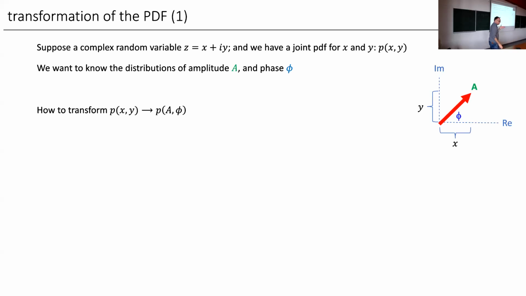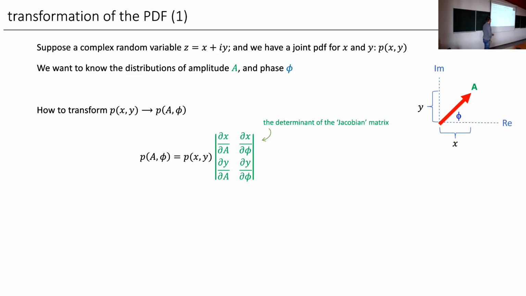Have you ever encountered how you have to do such a transformation? You have a probability density in one set of coordinates, and you want to transform that into another set of coordinates. Do you know how to do that? That's just a question. The trick is that you have to calculate the so-called Jacobian matrix, the matrix of derivatives of the transformation.